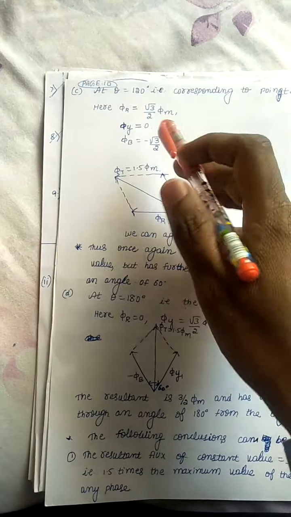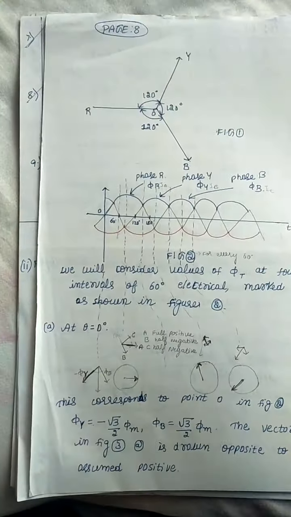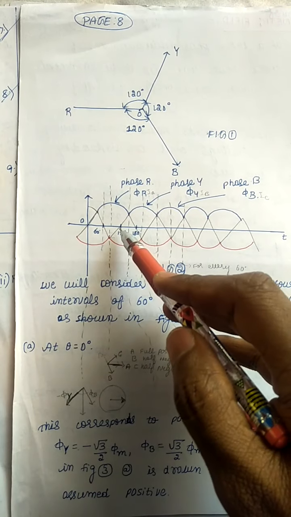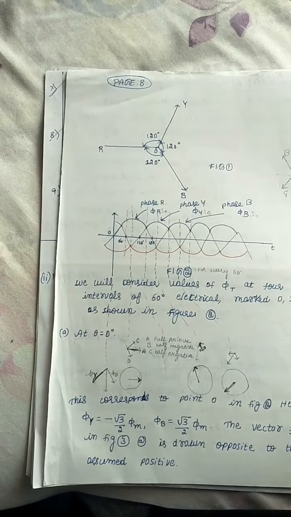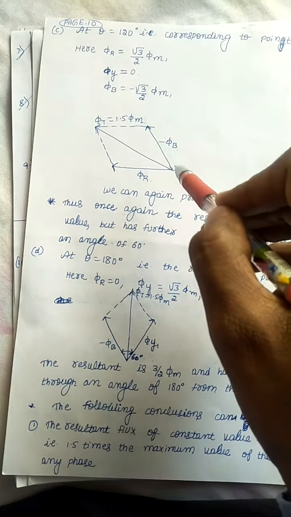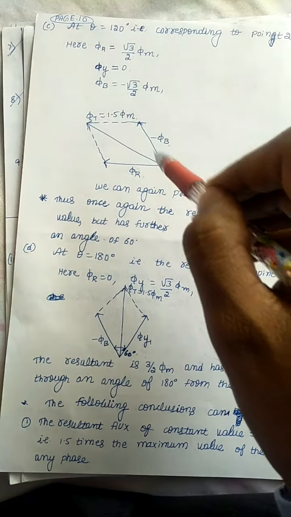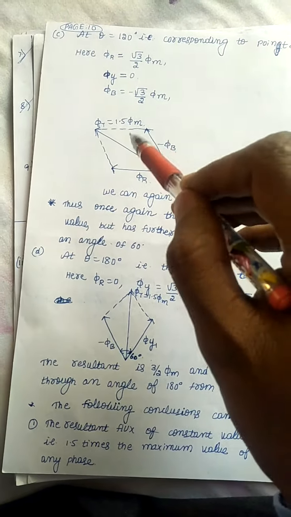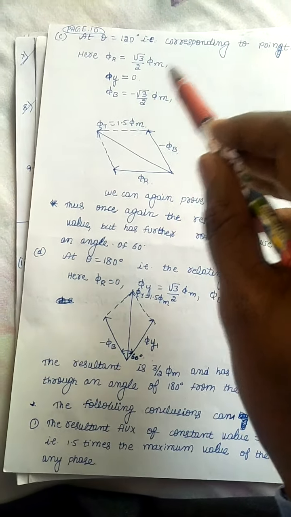Next, in the third case, you have to consider theta equal to 120 degrees. Here you will get phi R, plus phi B in the positive direction, minus phi B in the negative direction to take. Here in this case phi Y is 0.